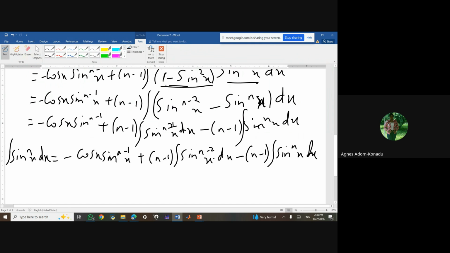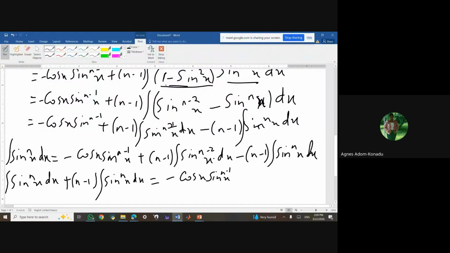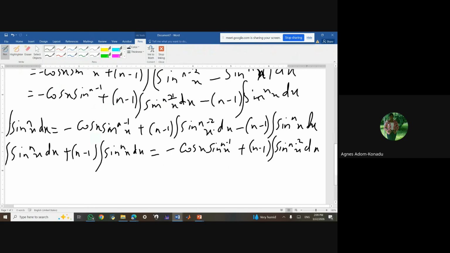So I have integral sine nx dx plus n minus 1 integral sine nx dx on the left is equal to negative cos x sine n minus 1x plus n minus 1 integral sine n minus 2x dx.